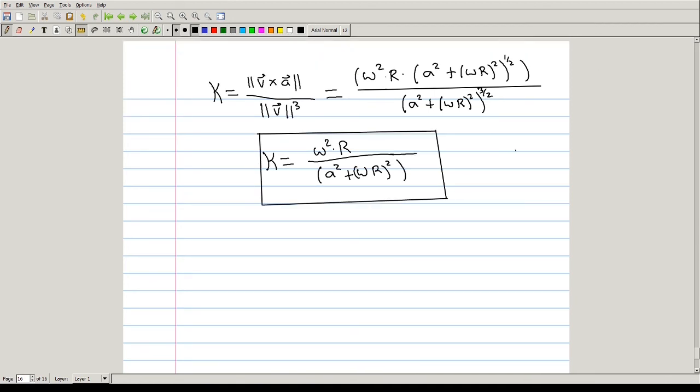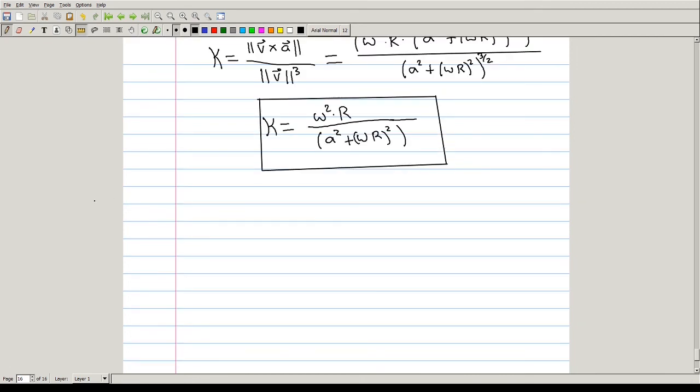which is a remarkable formula because it proves that the curvature of a helix is constant, and it gives us a very nice way for determining exactly what that curvature is.